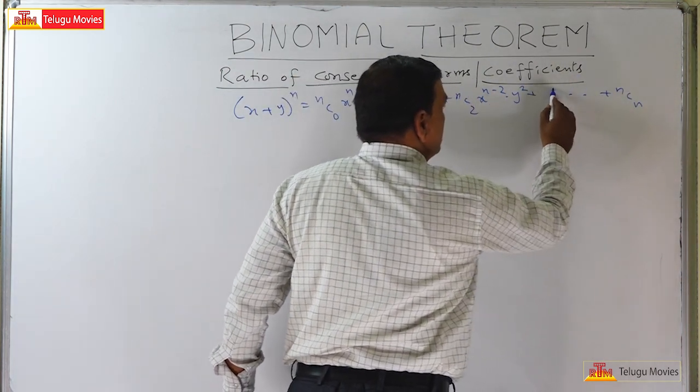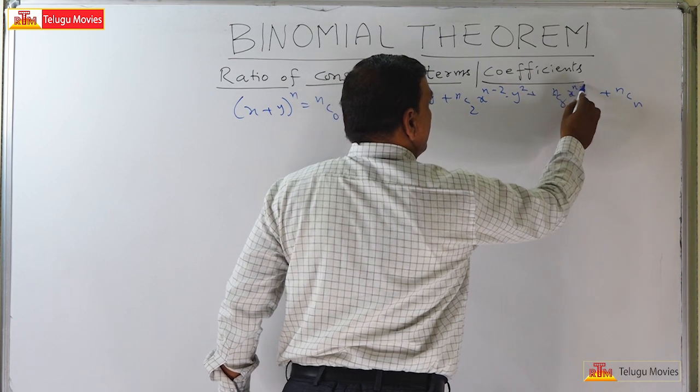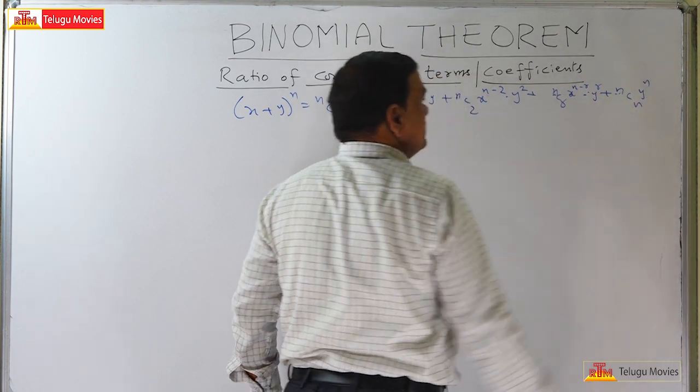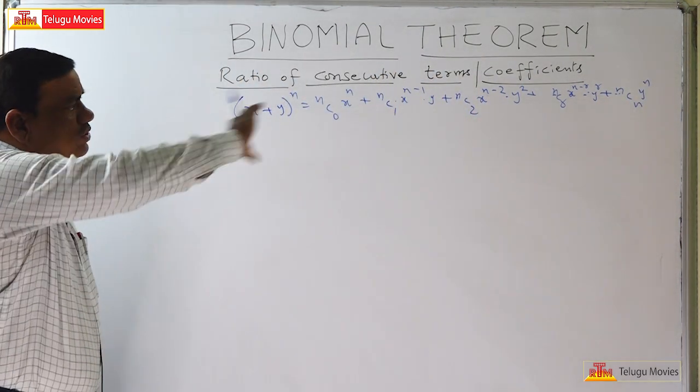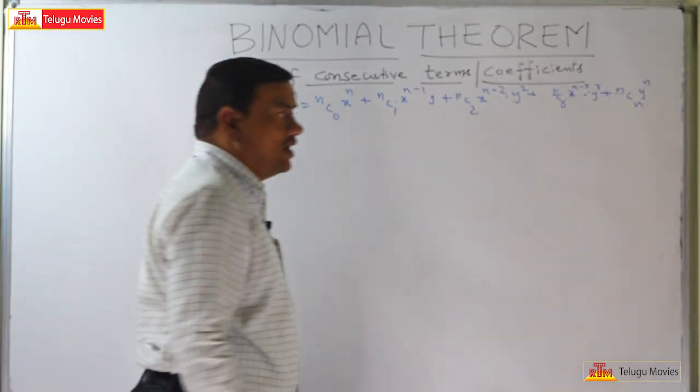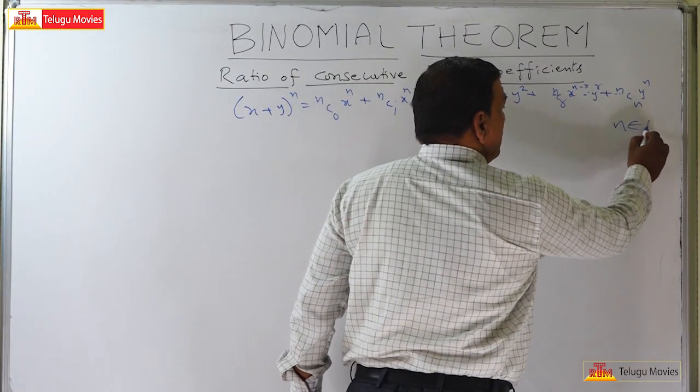Last one, next nCr x^(n-r) y^r, and so on. The last term is nCn y^n. This is called binomial expansion where n is a positive integer or natural number.